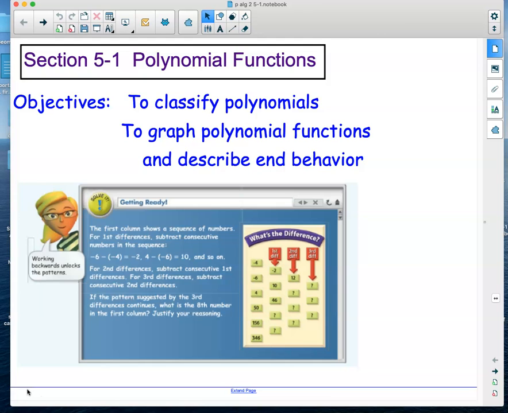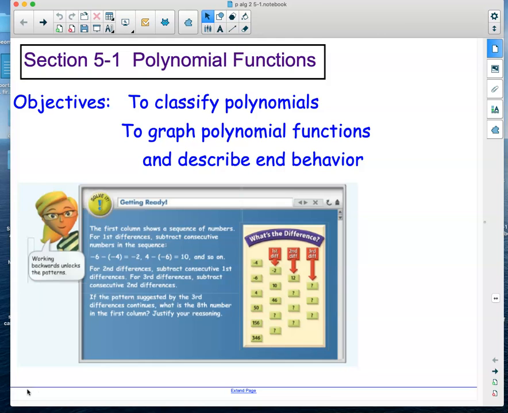So this book said, let's go ahead and take -6 and subtract -4, and that'll give you -2. 4 minus -6 is 10. 50 minus 4 is 46. 156 minus 50, and we'd write it in there. Now notice, you don't just do that once, because if we do it once, we don't see anything remarkable about those numbers.